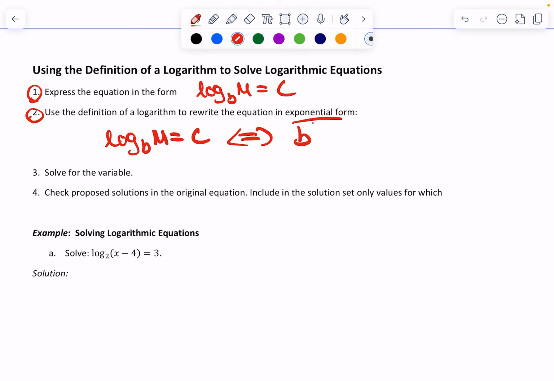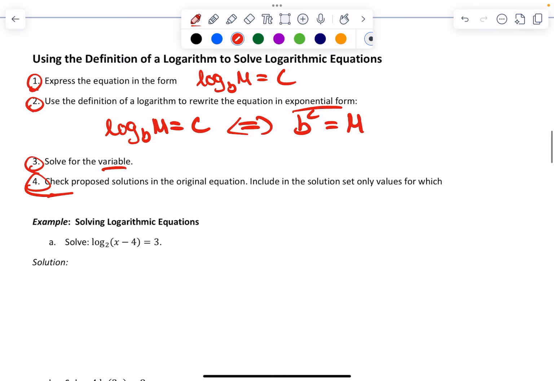Remember, the answer is the exponent c, and then m is the answer to the exponential form. Step number 3 is solve for the variable, and step number 4 is check proposed solutions in the original equation. So include in the solution set only values for which m is greater than 0.